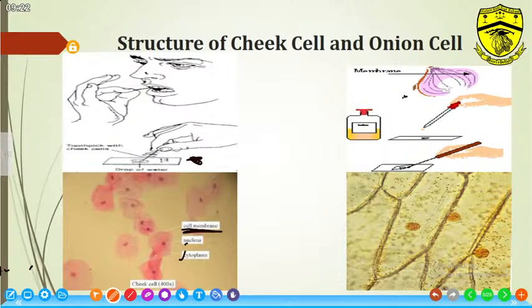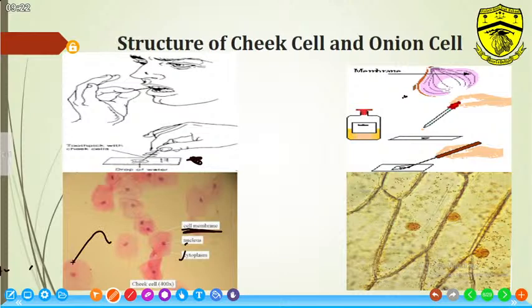Next, put water drops onto a clean glass slide. Next, transfer the specimen onto the slide using a paintbrush. Cover it with a cover slip without trapping any air bubbles and observe through the light microscope.